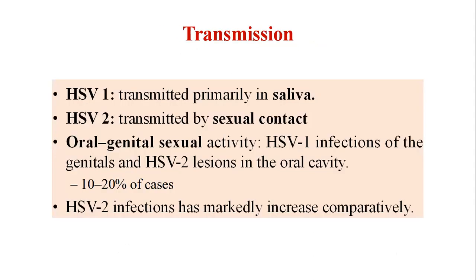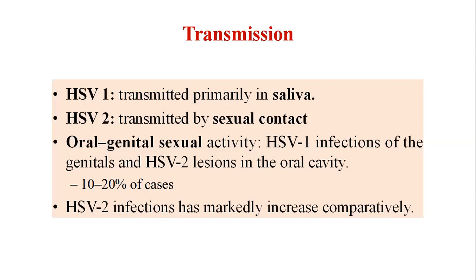Now, how do they transmit? We will focus here only on HSV1 and HSV2. HSV1 is primarily transmitted in saliva, so oral, and HSV2 is transmitted by sexual contact. So oral-genital sexual activity can transmit both HSV1 and HSV2.